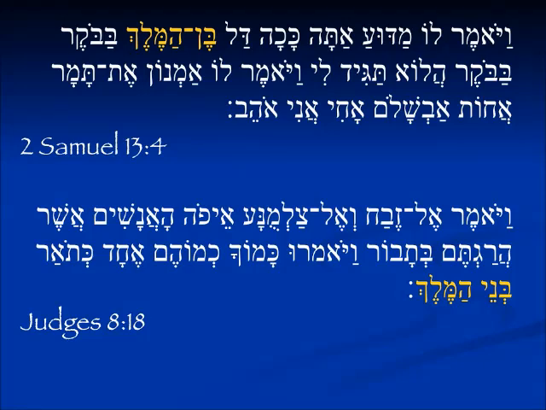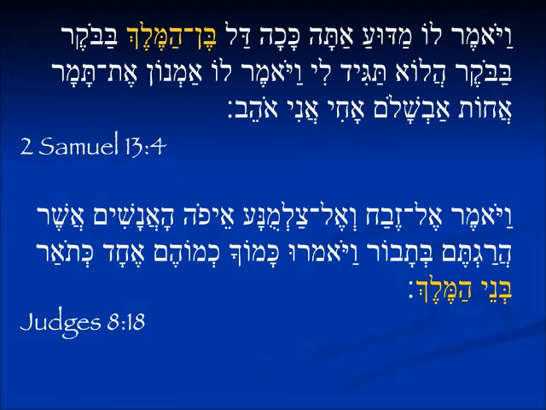Echad ketoar b'nei hamelech. Each one has the shape of sons, the sons of the king. So we see b'nei is in smichut, it's plural. Hamelech has a hey, it's the king. Therefore, the whole phrase is properly translated as the sons of the king.